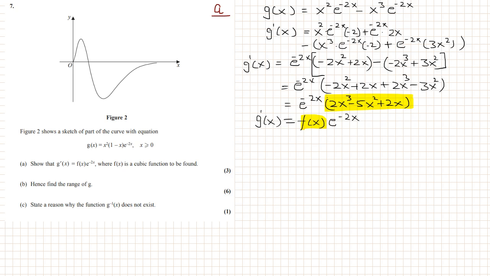B, find the range of g. Now range of g is, so how to calculate this one?